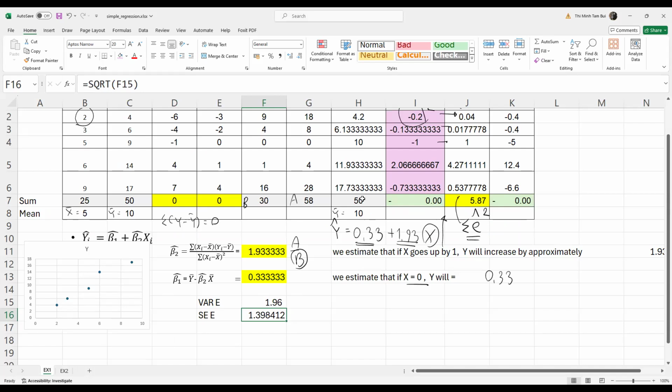And then, okay, let's see the formula and try to calculate the variance of beta 2 and the variance of beta 1, because I see the homework, and in the homework you have to calculate both variance error, variance beta, and standard error beta.